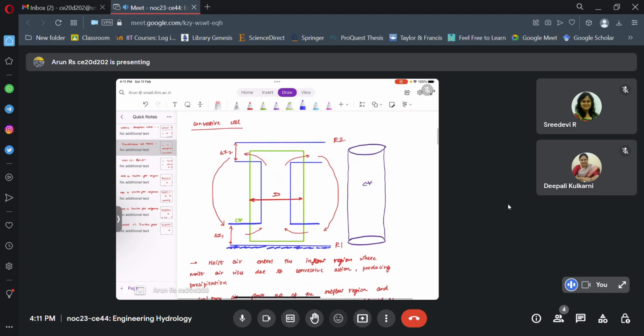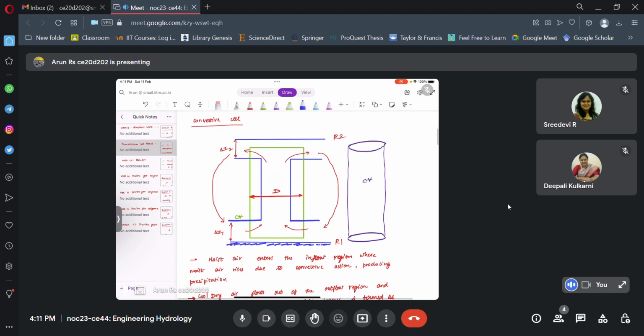And in the convective cell we'll be deriving the expression for the rainfall intensity by using the control volume approach. So this diagram represents the convective cell, and the green line is the control volume. Near the surface, from the ground level, we will have the cloud base at some particular height, and that distance is represented by delta Z1.